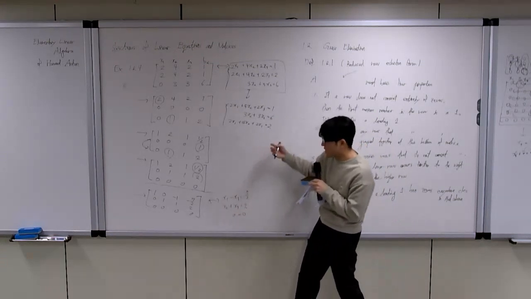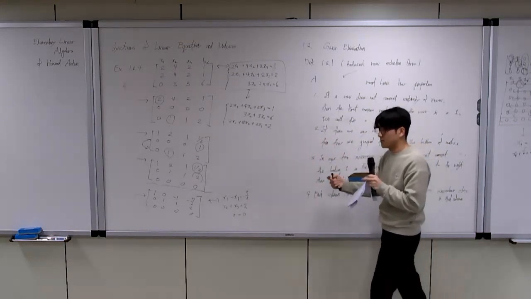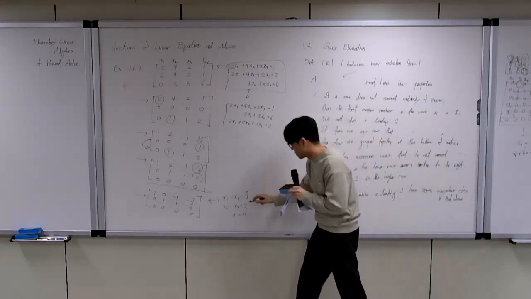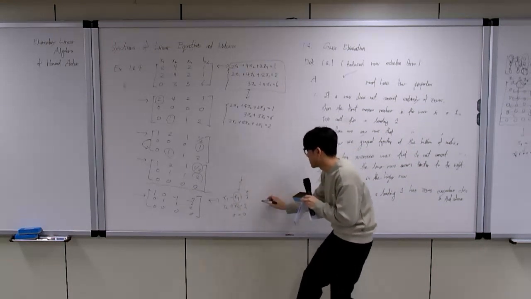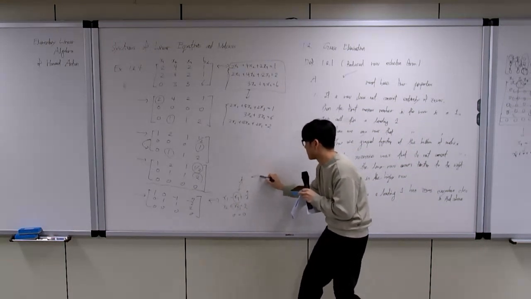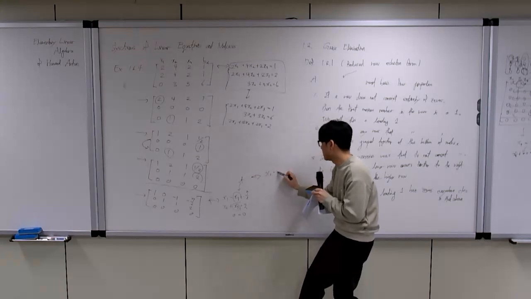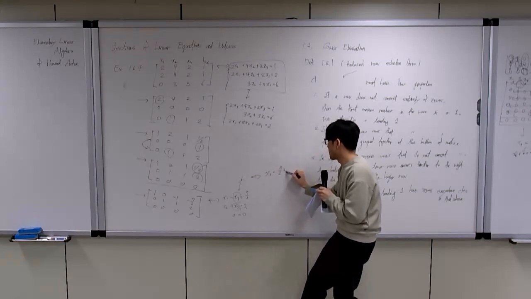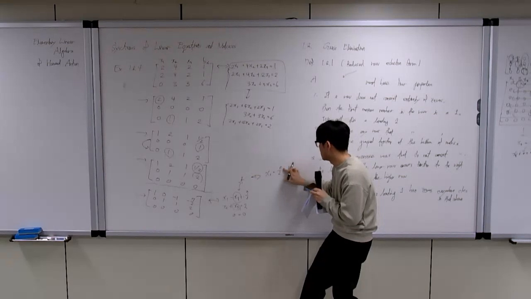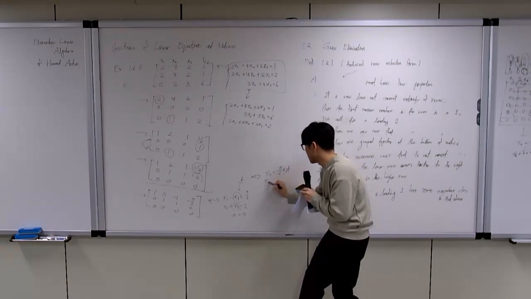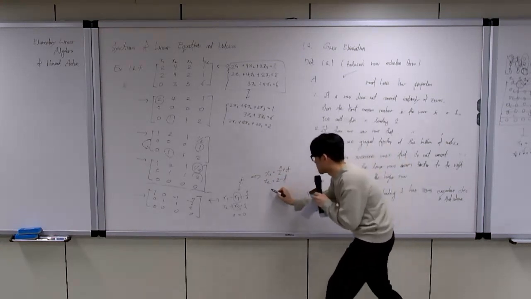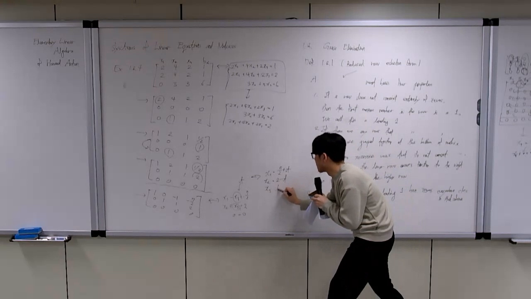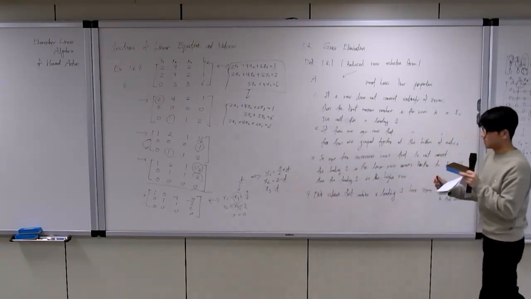So by assigning a parameter to x3, then we get the solution sets: x2 equal 2 minus t and x3 equal t. We get these solution sets.